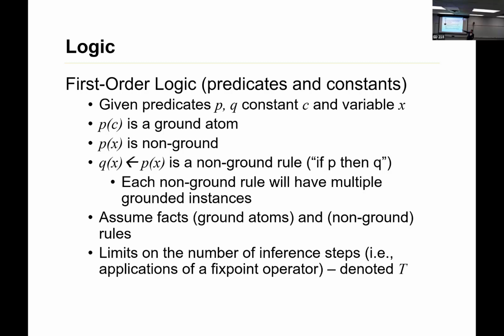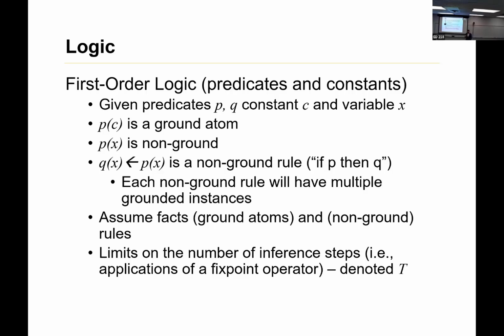We're only going to take t number of inference steps. Okay? Now, practically, there's an obvious reason for this. And that is, if you want to learn logical rules correctly and consider multiple inference steps, you essentially have to replicate your neural architecture once for each inference step.